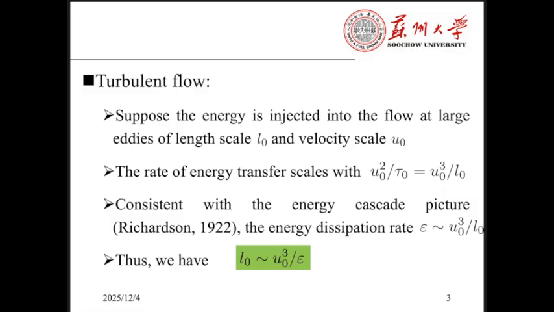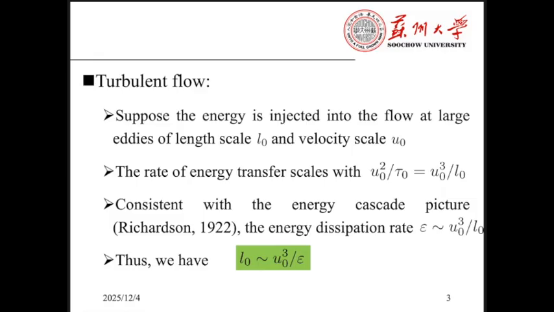However, for turbulent flow, let's suppose the energy is injected into the flow at large eddies of length scale L0 and velocity scale U0. The rate of energy transfer scales with U0 squared divided by tau 0, which is a characteristic time scale. And tau 0 equals L0 over U0.